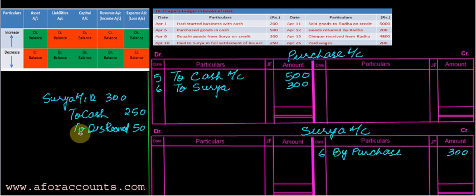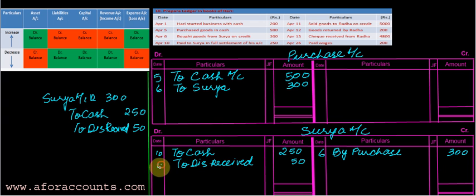Okay. So in Surya account the posting will be Surya account debit, to cash 250, to discount received is 50. The date is 10th.